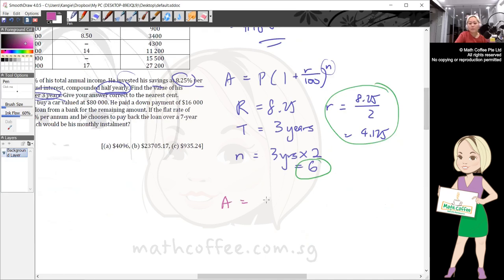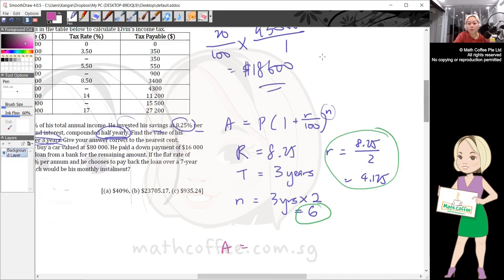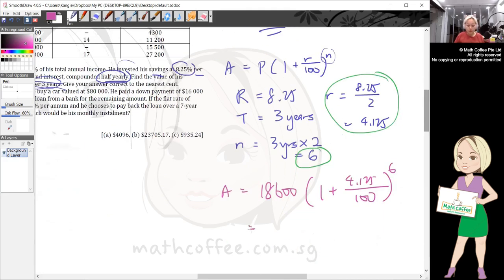So put in A, principal is my saving, which is 18600, and 1 plus 4.125 over 100 to the power of 6. So press calculator, 1 plus 4.125 over 100 to the power of 6.